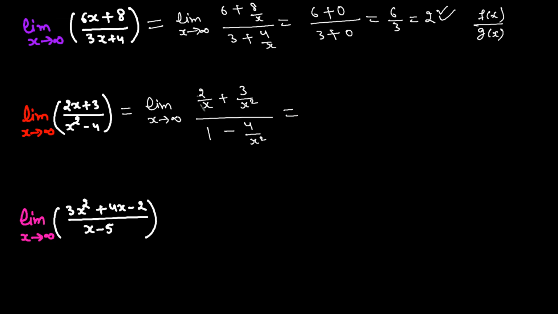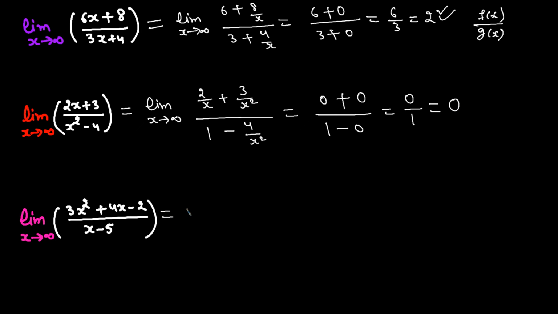The limit of the numerator as x approaches infinity is going to be 0, and the x squared term is also 0, and in the denominator we get 1 minus 0, so that gives me 0 over 1. So the limit of that function is basically 0.